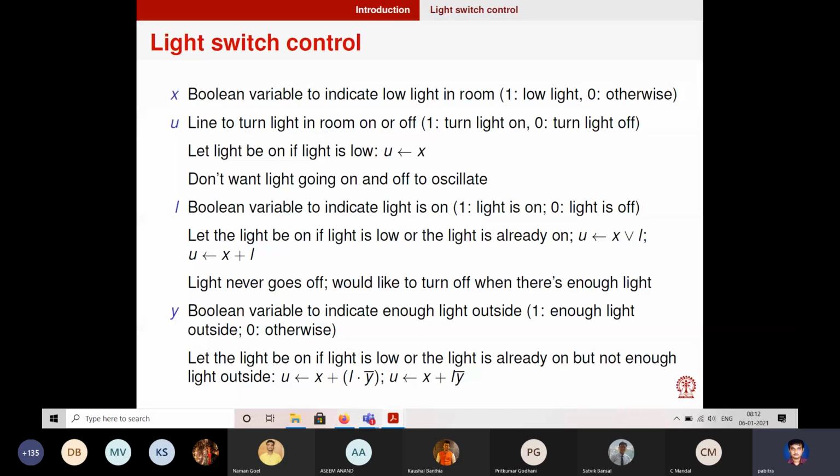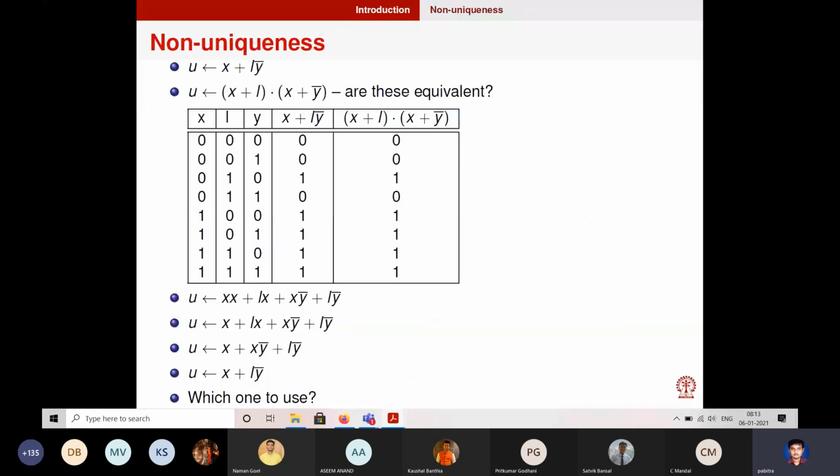So if any of these two cases happen, that is either the room light is not enough, or the light outside is not enough and the light is already on, U is turned on. So naturally, you can express this as X plus L and Y bar. By the way, OR we write as plus and AND we write as product, multiplication, dot. So X plus L dot Y bar, that would give the output U. Okay, so this is fine.